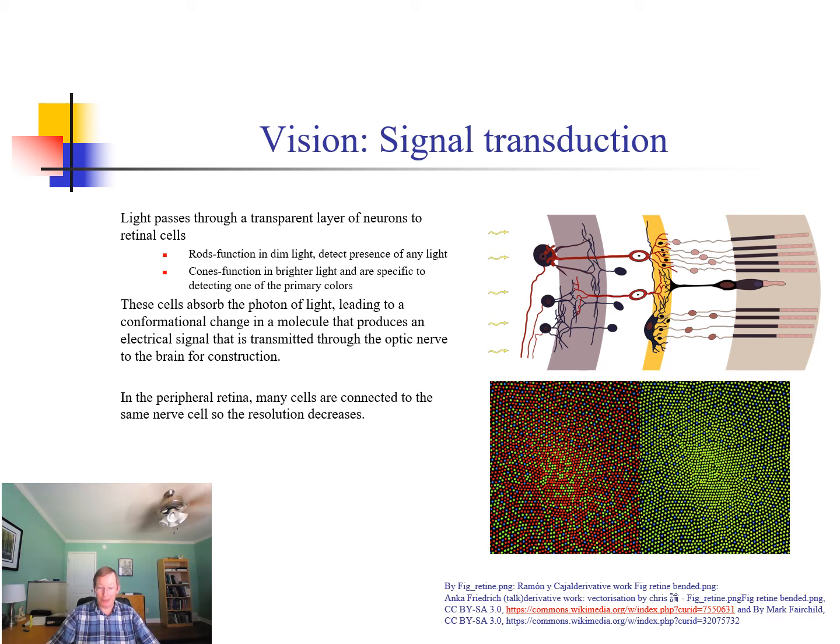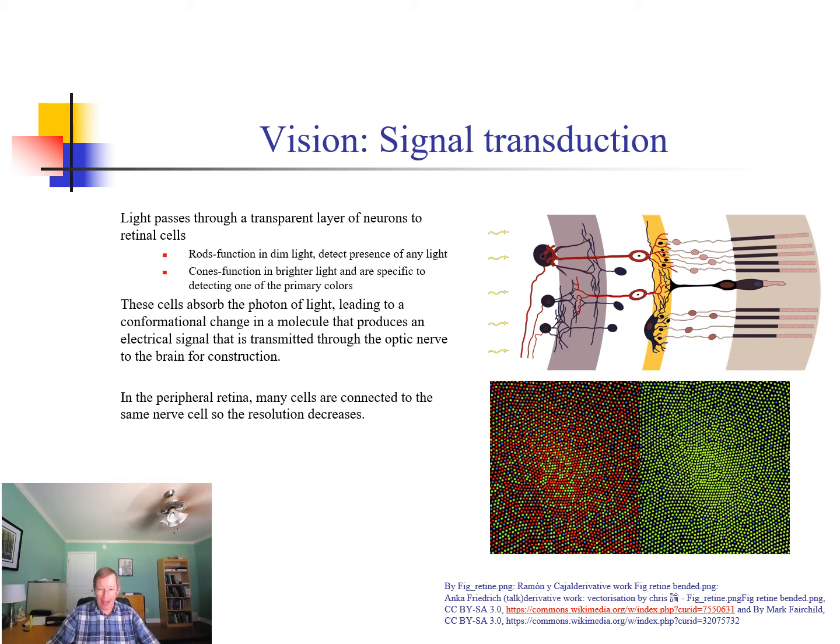Now, I have two sets of cells. I have what are called rods, which function in dim light, and they detect the presence of any visible light, irrespective of wavelength. And then cones, which function more in bright light, and they're specific to detecting one of my primary colors, red, green, and blue.